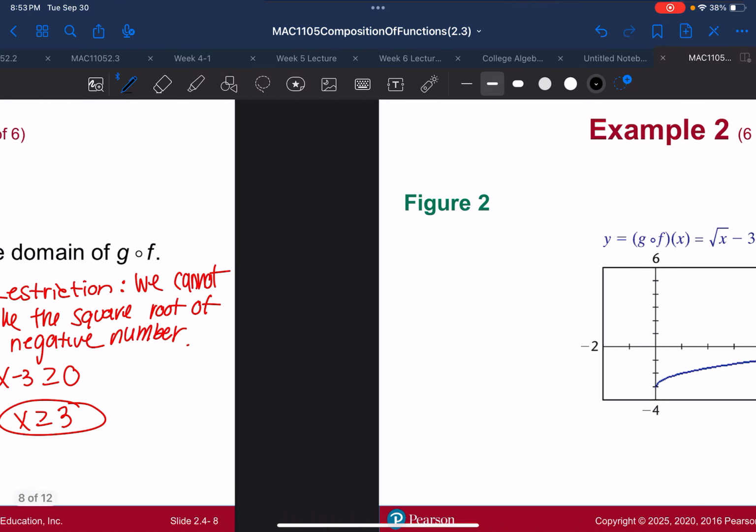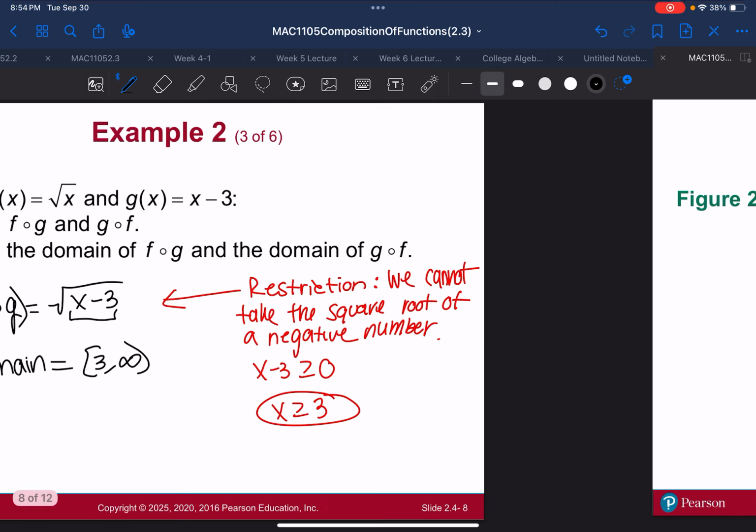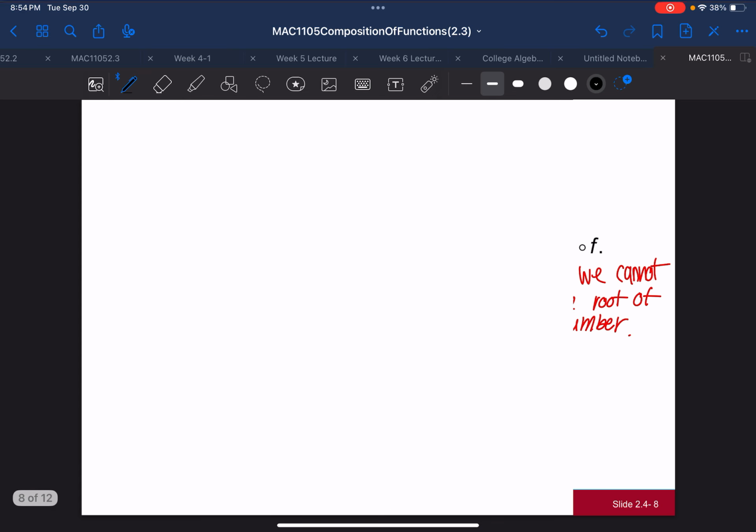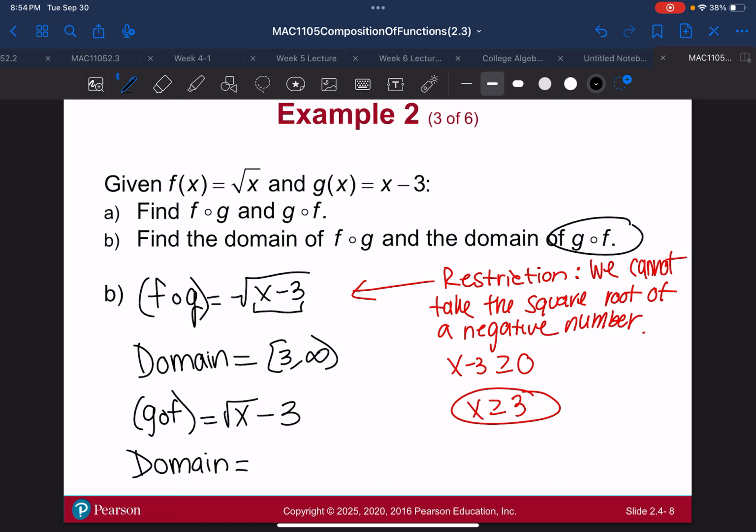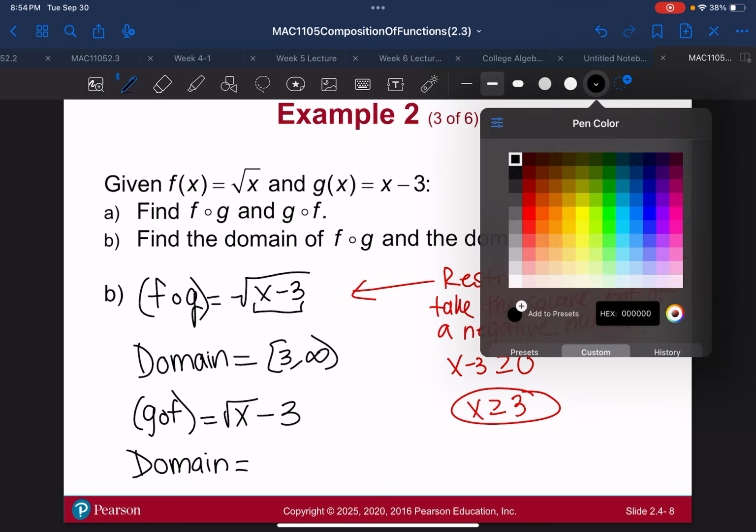And then for the second function, g of f, we got the square root of x minus 3. And to talk about the domain of this function algebraically, the restriction here, again, is the same thing.